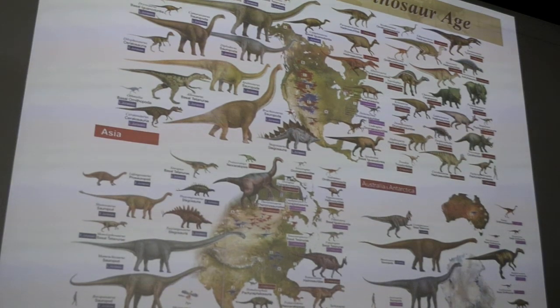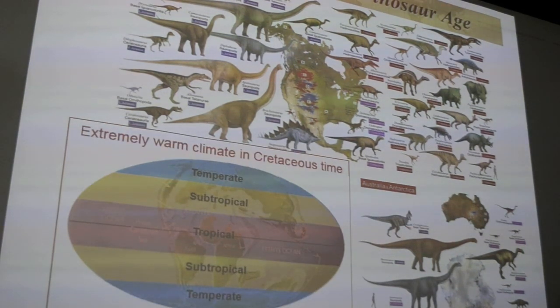It means that, of course, in present day conditions such large animals do not live in the Antarctic or Arctic polar regions. So this diversification of dinosaurs indicates the climate in Cretaceous time was so different from the present day, and a warmer climate should have existed in the Cretaceous.